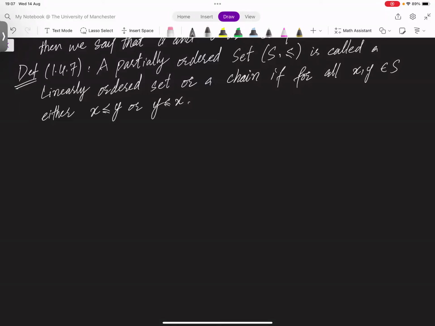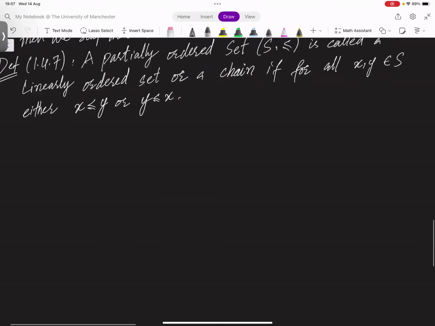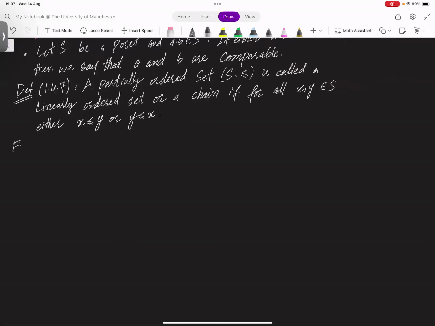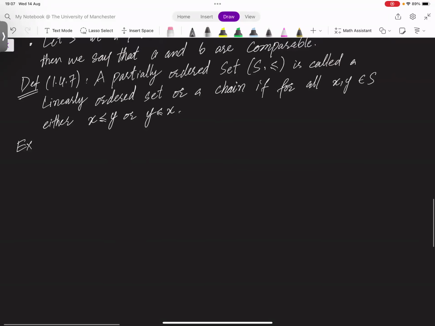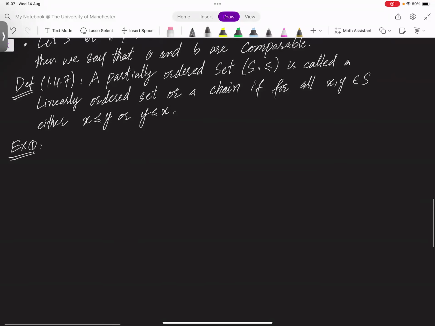Okay, we will give some examples for that. Example number 1: Z together with the less than or equal to partial order relation is a chain.